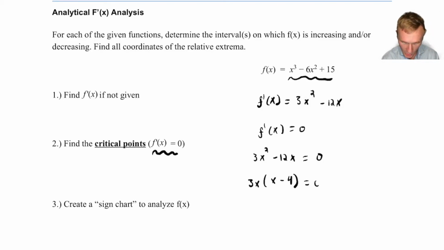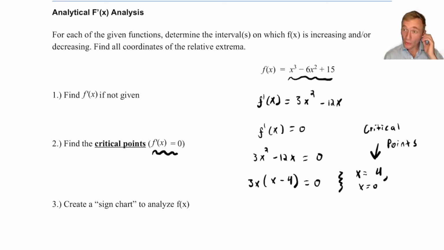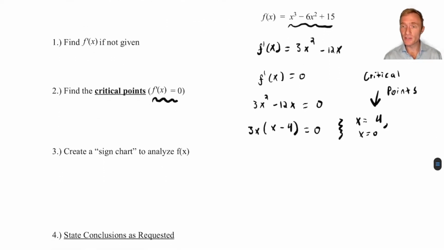We want to know when that equals 0. So that's going to be x equals 4 and x equals 0. These are what we call our critical points or our critical values, when the derivative of our function is equal to 0, because it's where important, interesting things are happening. Your function is changing.